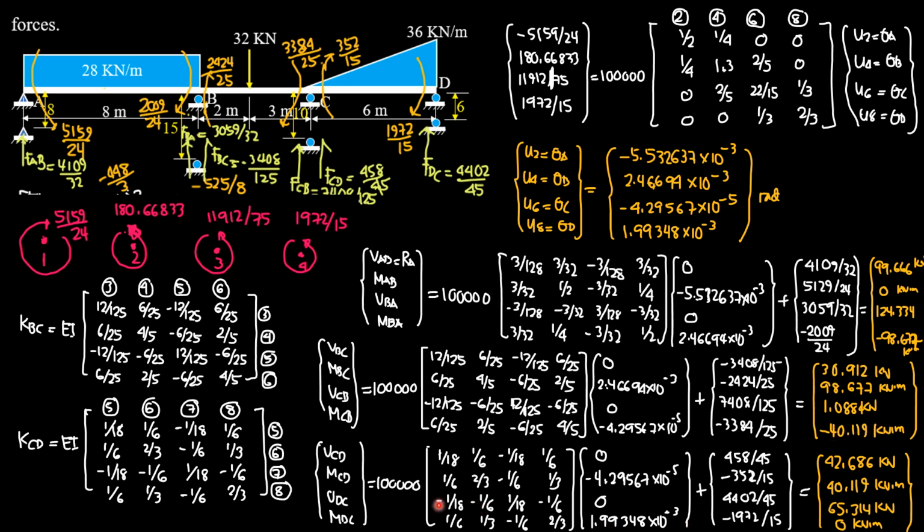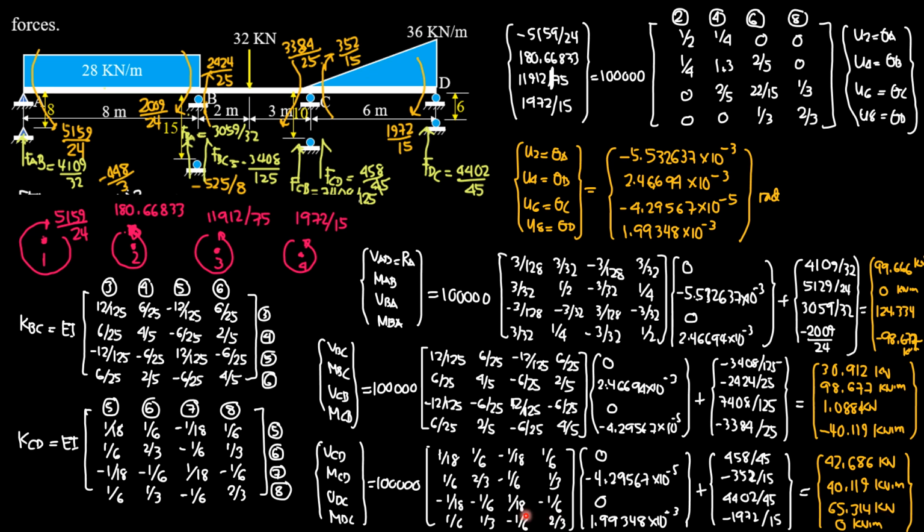Then shear DC: negative 1 over 6 times negative 4.29567 times 10 to the negative 5 plus negative 1 over 6 times 1.99348 times 10 to the negative 3, times 100,000, plus 4402 over 45, you will get 65.314 kilonewtons.